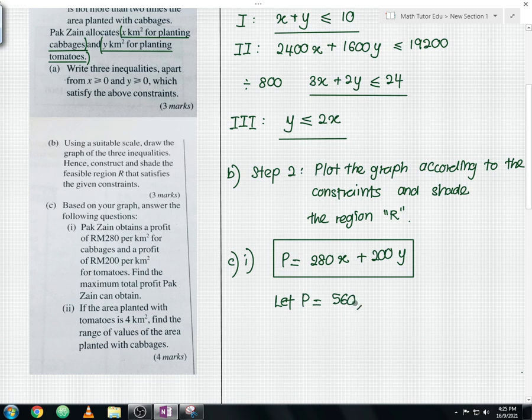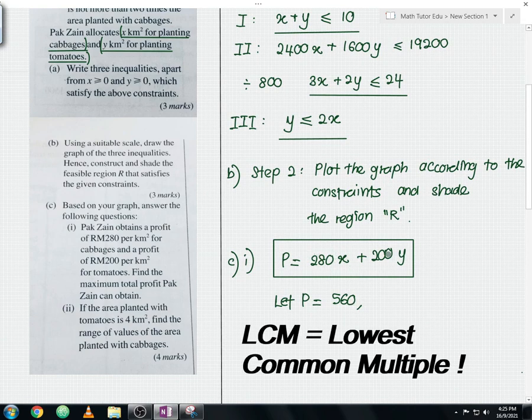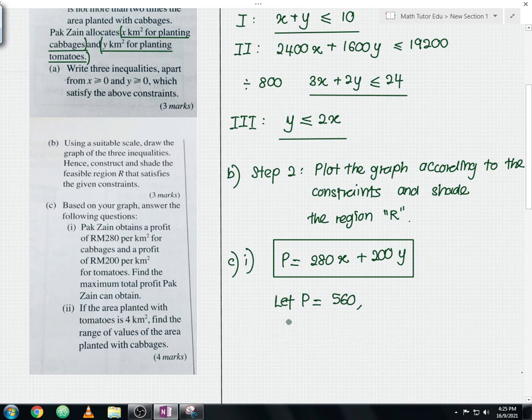If you don't know what number to assign, to be on the safe side, you just use the LCM method, which in this case will be 280 times 200, and that value you substitute as your P. This P is not a real number, guys, it's just an imaginary number. So from here, 280x plus 200y equals 560.